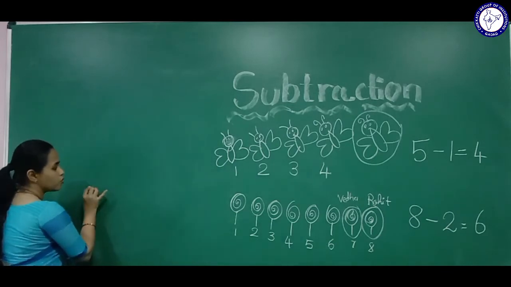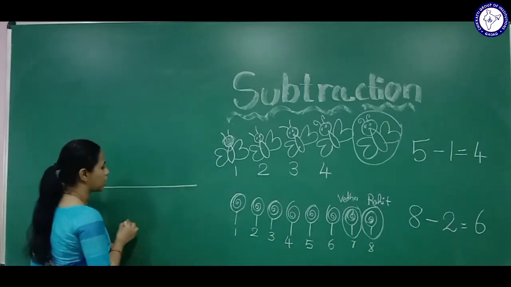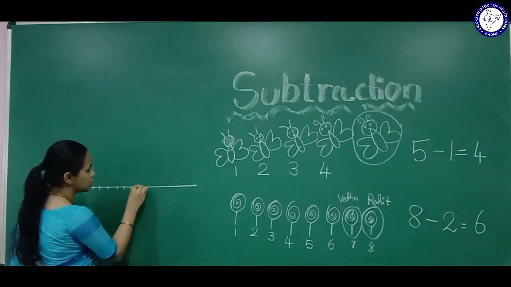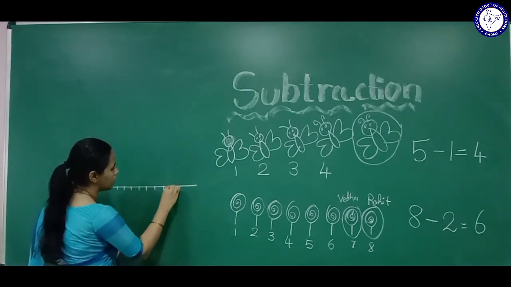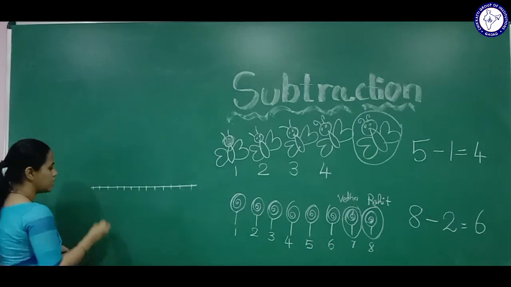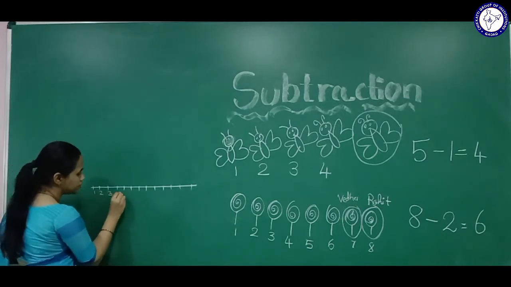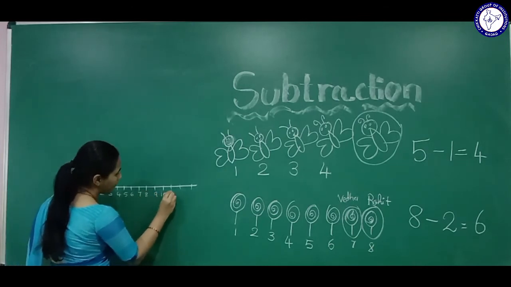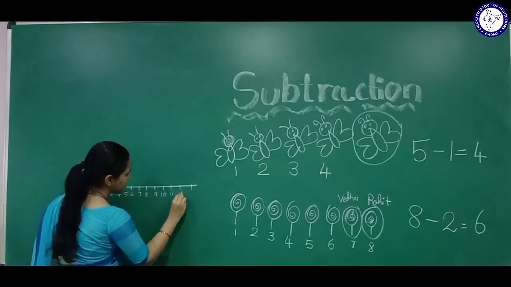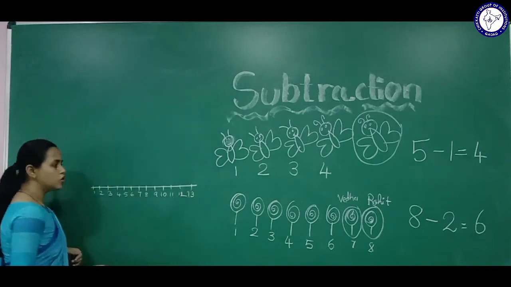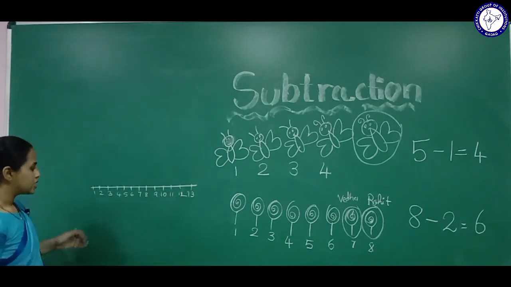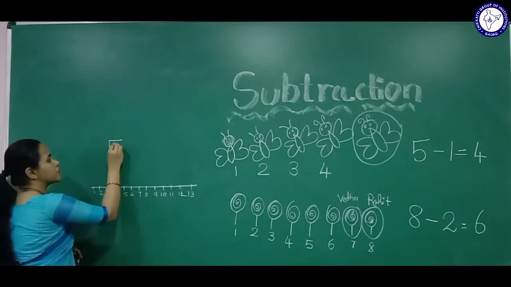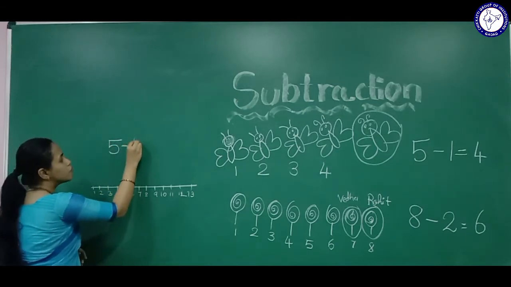Okay, so what you have to do, you just need to put lines 1, 2, 3, 4, 5, 6, 7, 8, 9, 10, 11, 12, 13. Okay, you just write the numbers here. You know the numbers from 1 to 500, I guess, right? So here, if they had given like this, 5 minus 4.